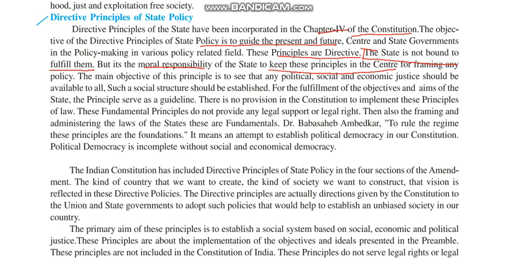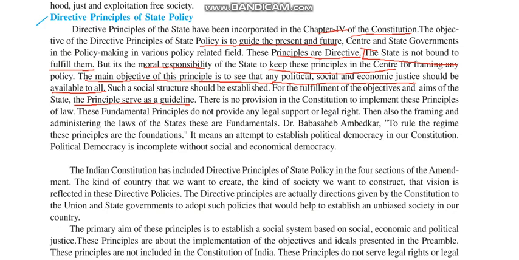Any kind of policy or idea related to political, social and economic justice should be available to each and every person without any kind of discrimination or bias. For the fulfillment of the objectives and aims of the state, these principles serve as a guideline.